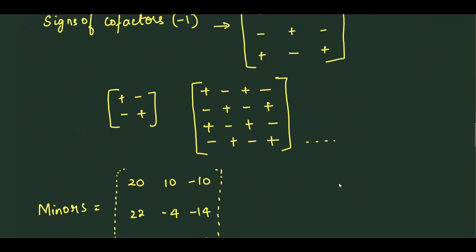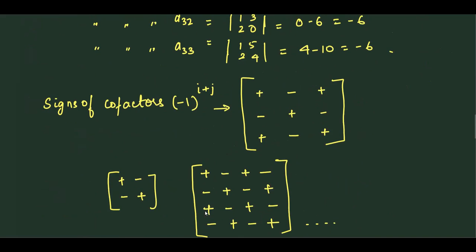The positions are A11, A12, A13, A21, A22, A23, and so on. Each of these is associated with a sign given by -1 to the power i plus j.